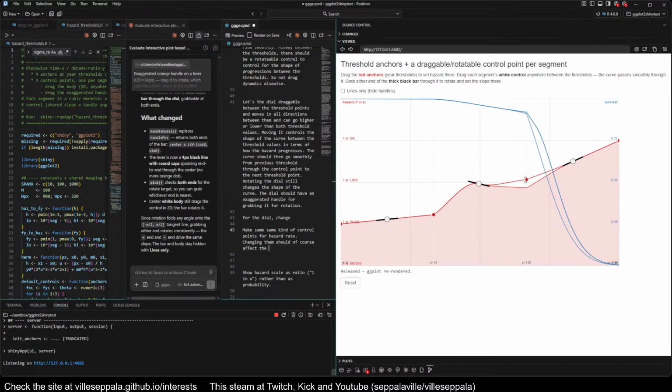should I have these slope dials, should I have the slope control at the threshold point instead? So like here, let's think about if this is a 10-year point, then I can control how it gets there.